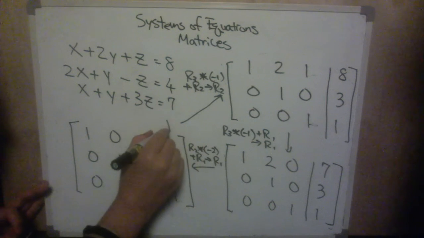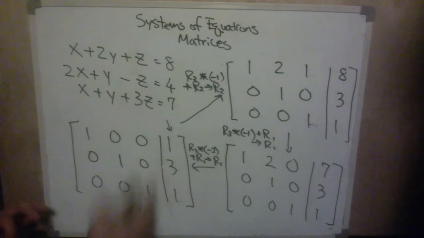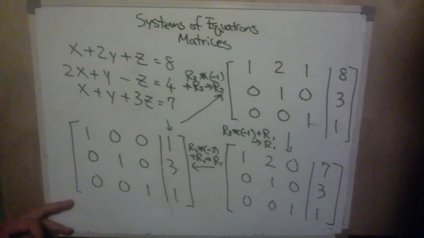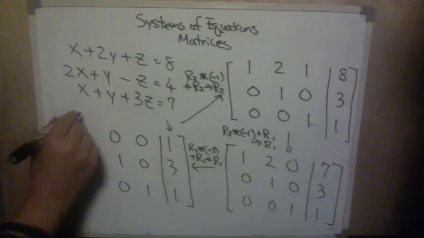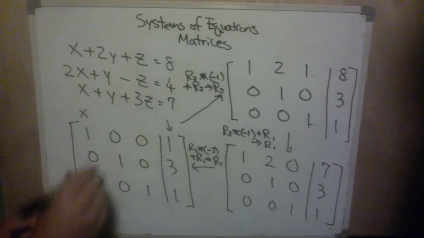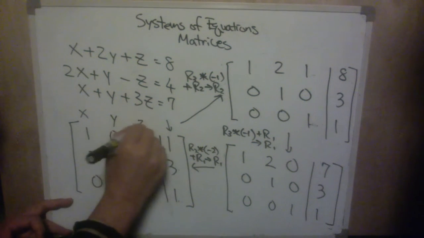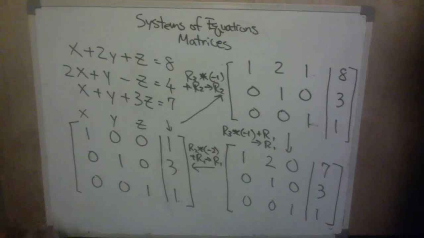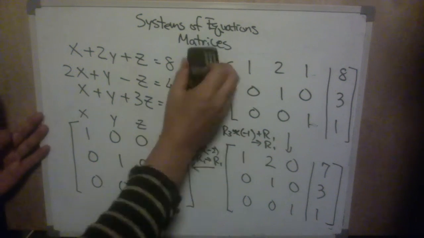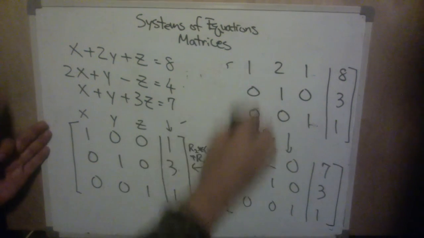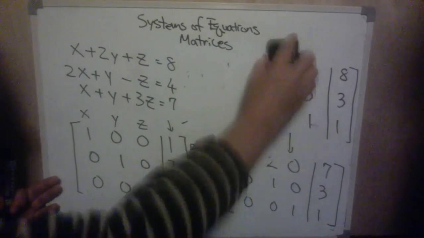This column right here is our solution. What we can see here is that the first column is x, the second column is y, and the third column is z, like that. I'm going to erase all of these right here.